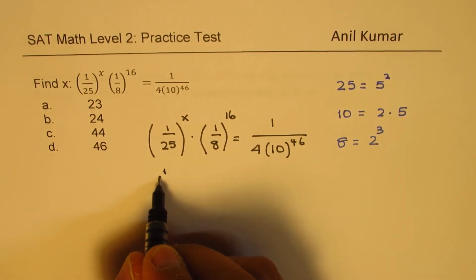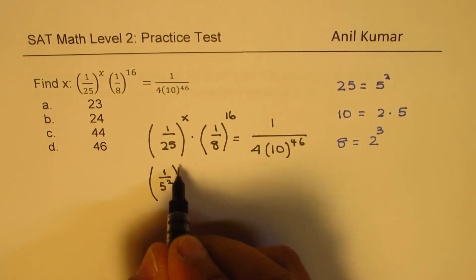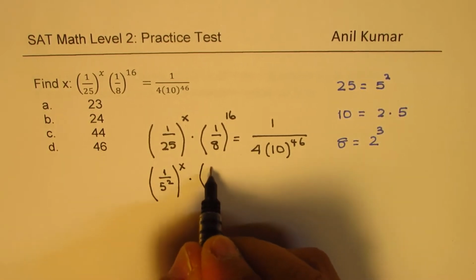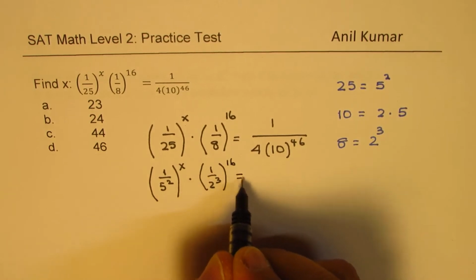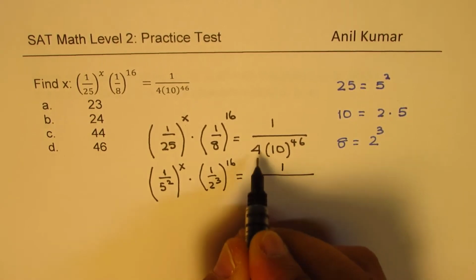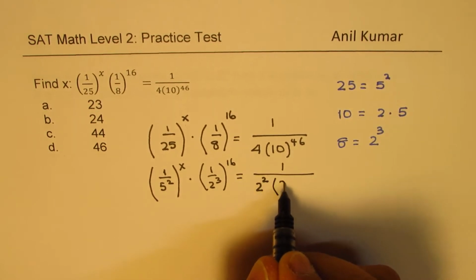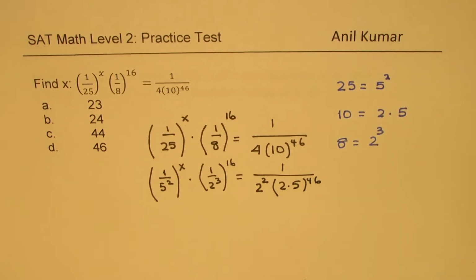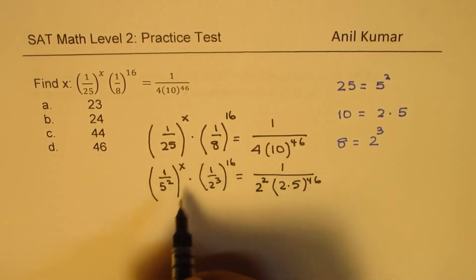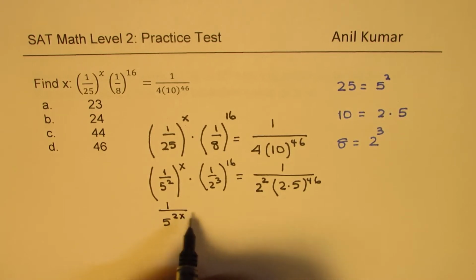We get here 1 over 5 square, right, to the power of x times 1 over 2 cube to the power of 16 equals to 1 over. Now 4 can be written as 2 square and 10 will write as 2 times 5, to the power of 46. So we get 1 over 5 to the power of 2x.